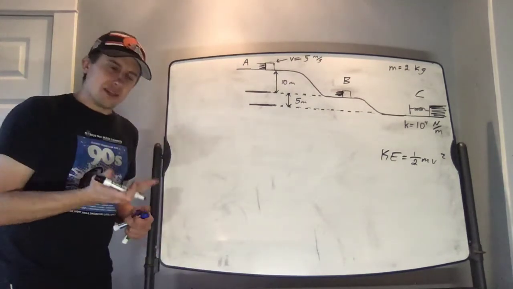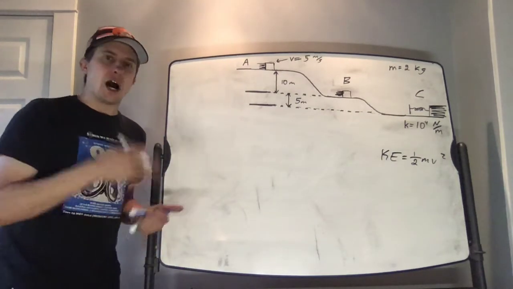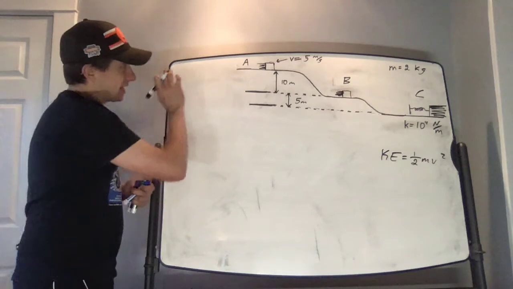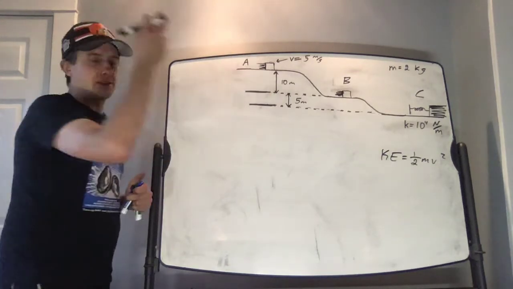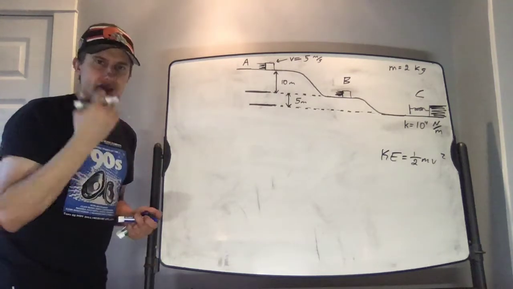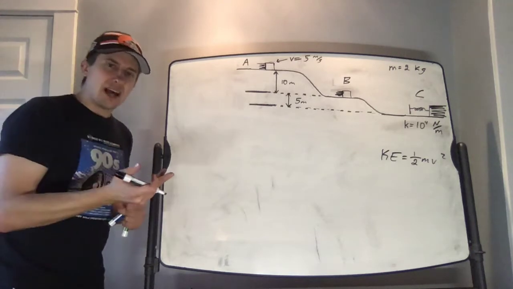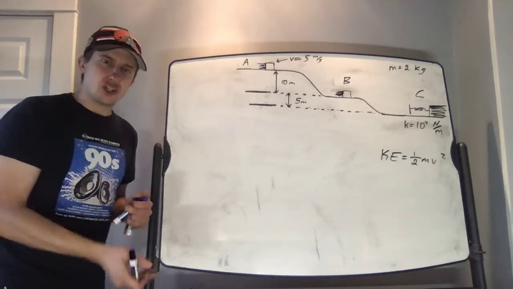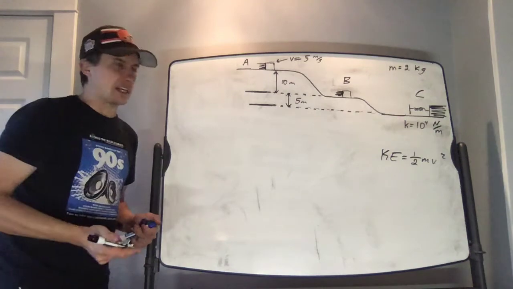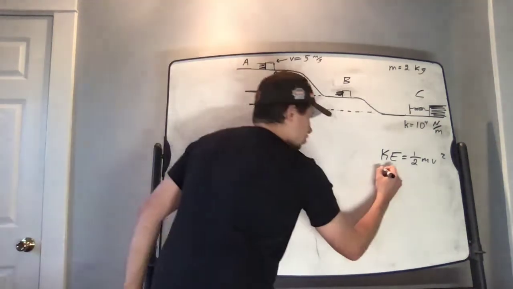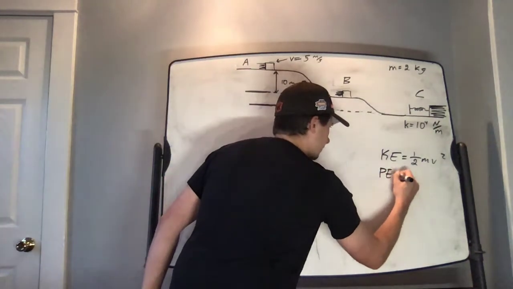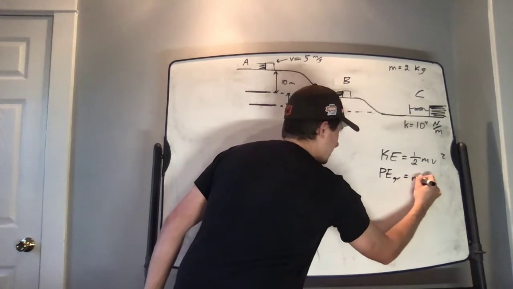I have the box having some height above the ground, and at different moments in time, the box's height above the ground is going to change. That implies there will be a change in potential energy due to gravity. And so the potential energy due to gravity is given as mgy.